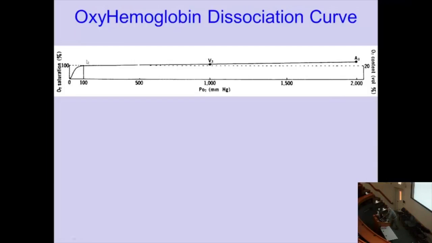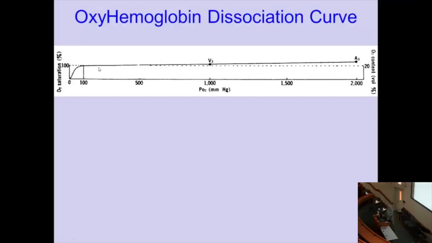The sigmoid part of the oxyhemoglobin dissociation curve happens pretty much between 0 and 100. Above that, the curve becomes almost a straight line, just gradually creeping up. Once we get up to 100% saturation, you can't add any more oxygen to the hemoglobin. It's all filled with oxygen.